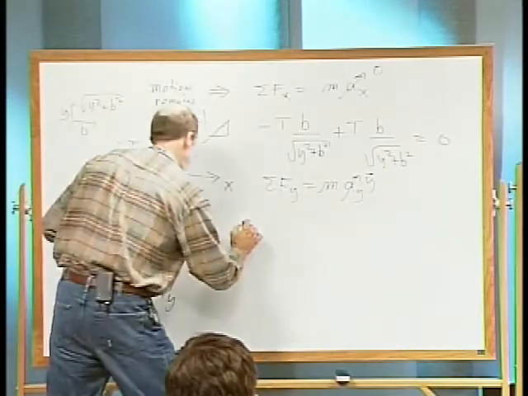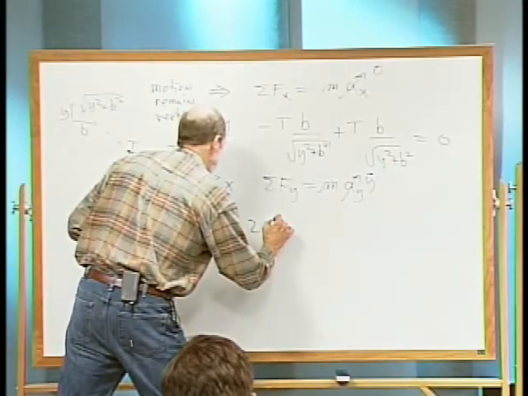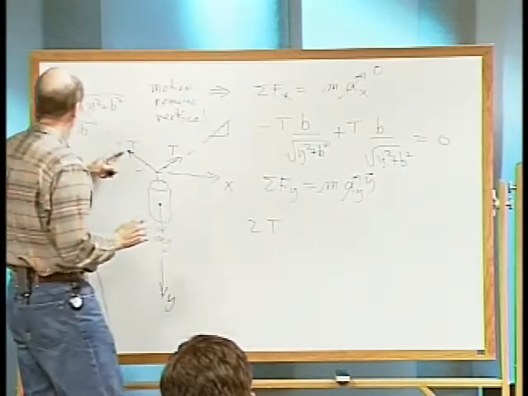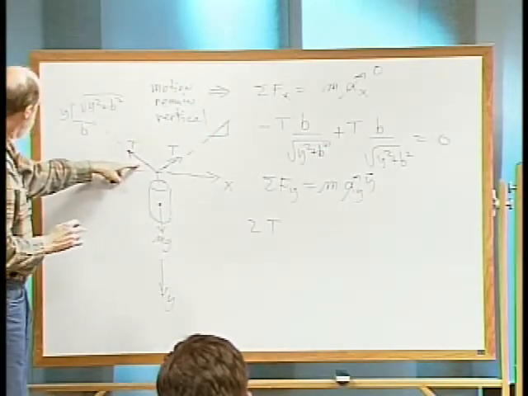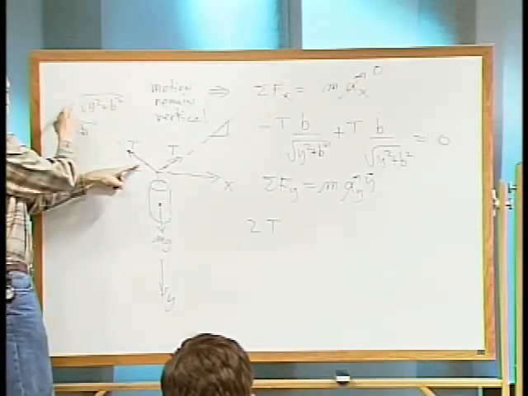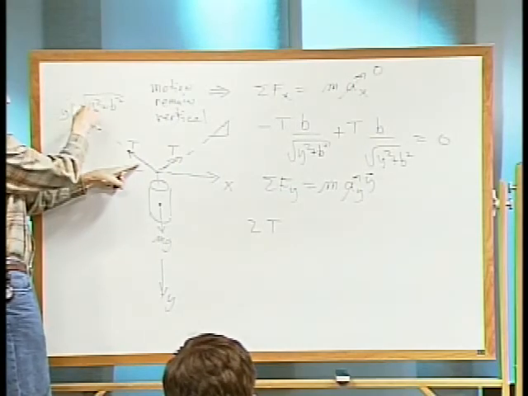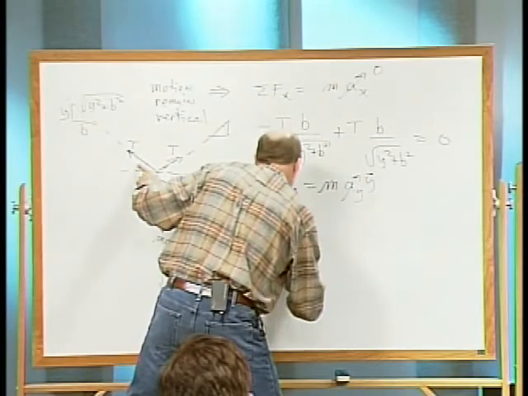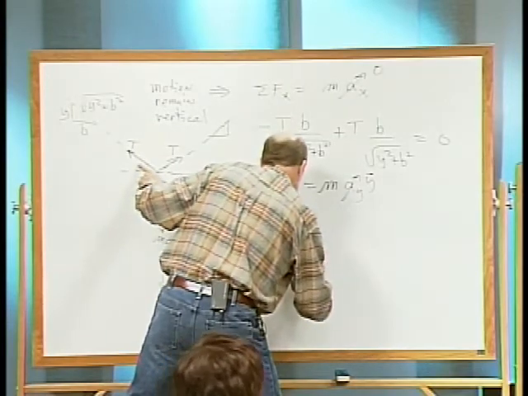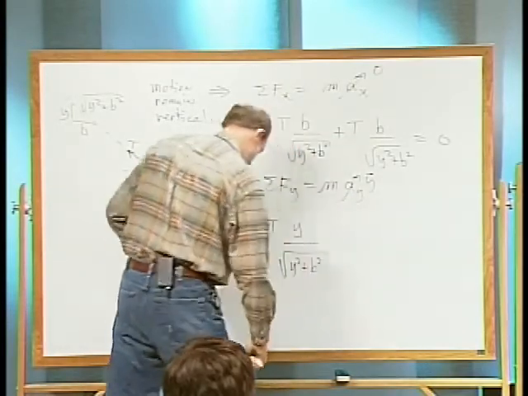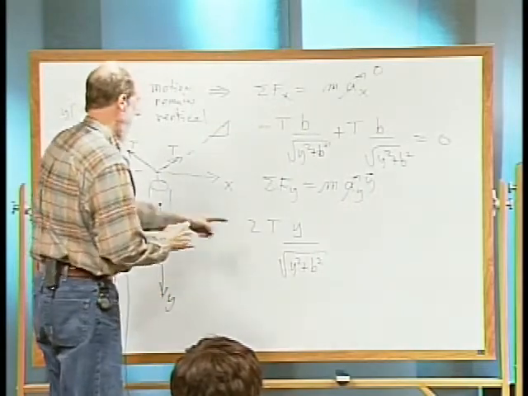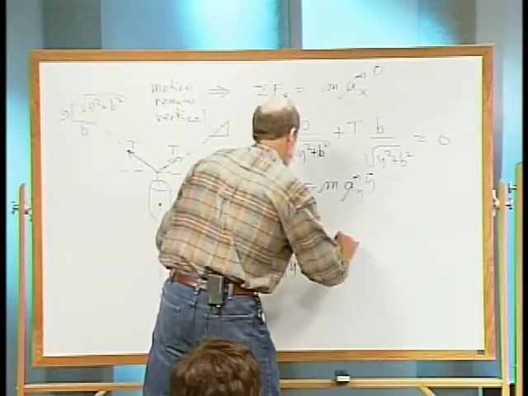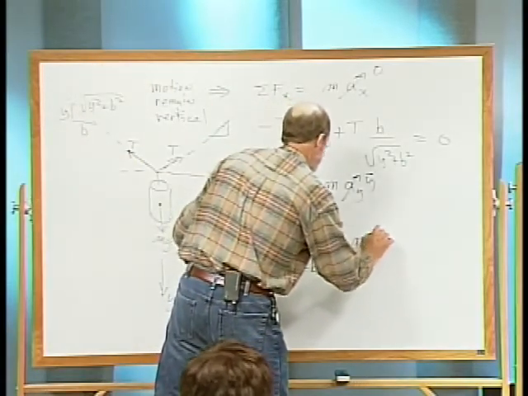So we're going to have two of those components, made up of T times the sine of this angle, which happens to be, as you mentioned, y divided by the radical. Is that right? And that's equal to m y double dot.